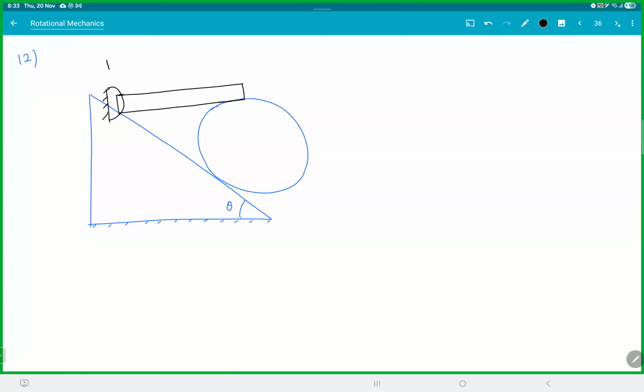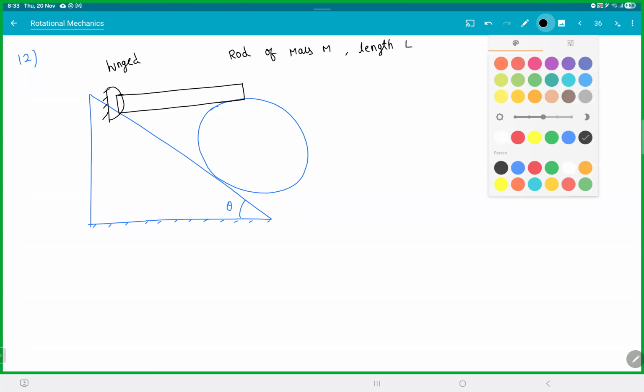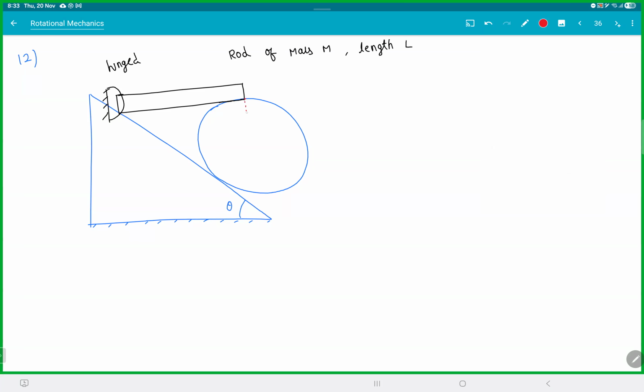This rod is hinged here. This is a rod of mass m and length L. So basically, the edge of the rod is passing through the center.